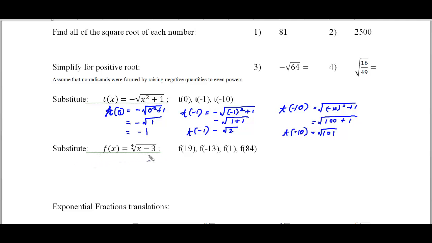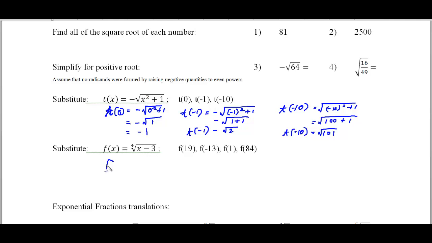All right, now let's do some more substitution here. Check out some of the weirdness that happens in this problem, because all of these were positive numbers inside of the square root, but the fourth root has some of the same issues, and I'll explain these in just a moment.